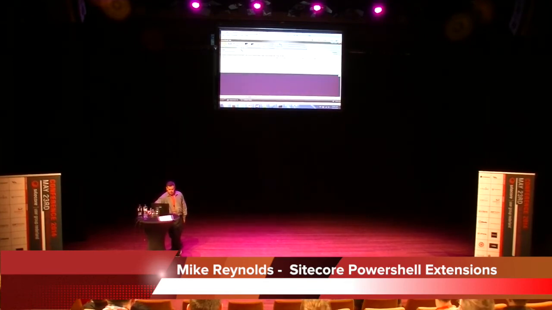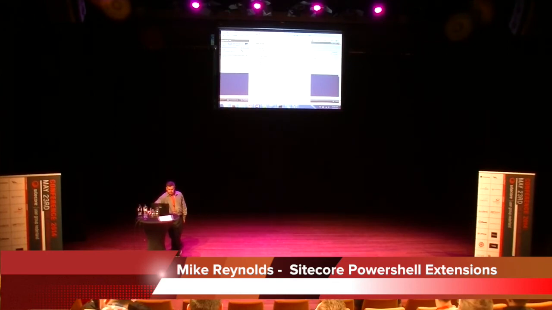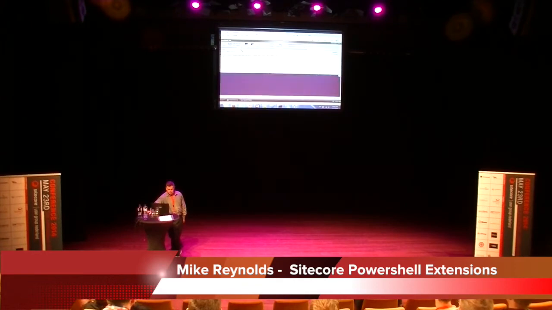So I'm going to go into the PowerShell content tree, context menu, and I created a new context menu option to expand tokens. It's really not much magical going on here. If you guys notice, it kind of looks like the Sitecore API here, and it actually is using the Sitecore API.